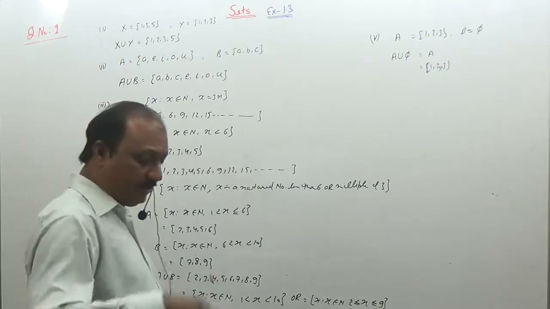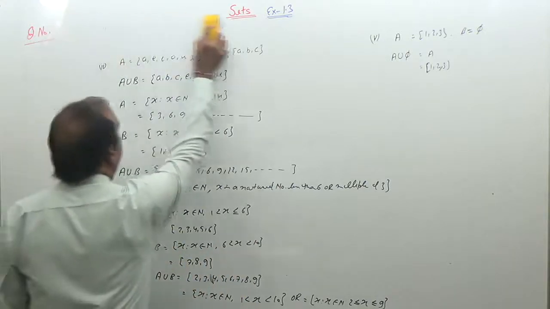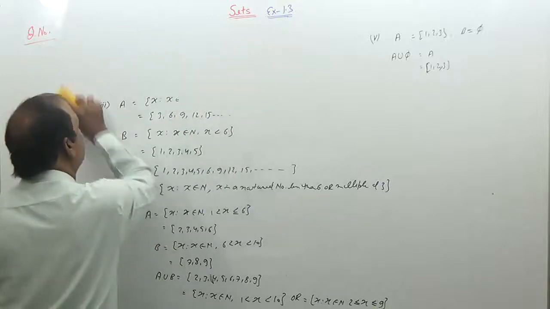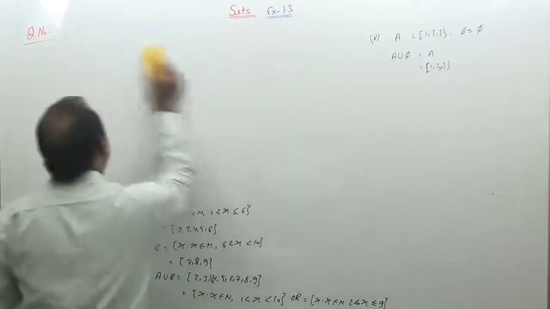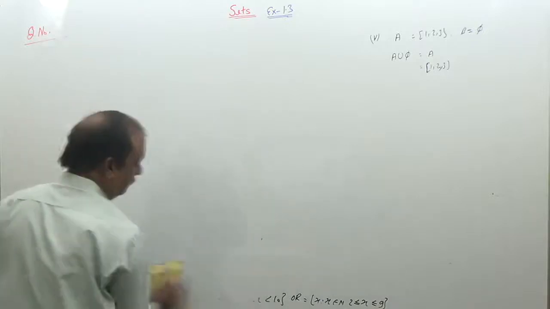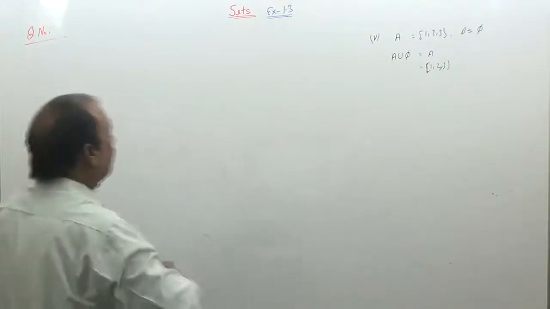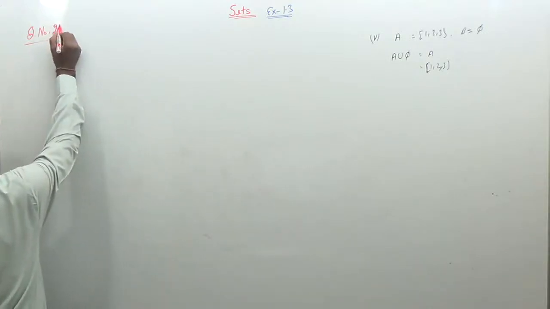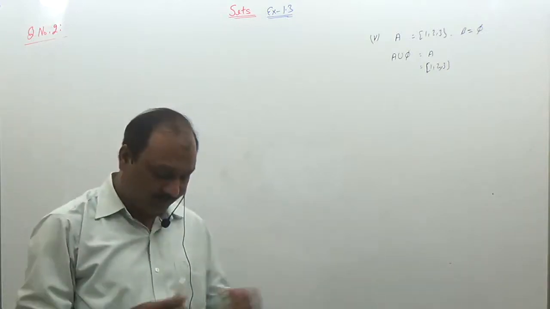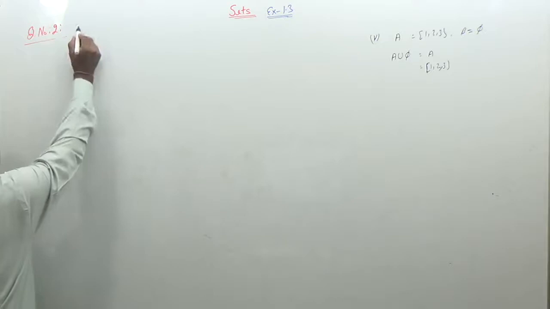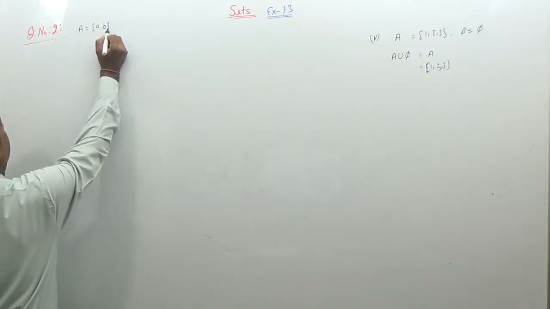Now in continuation we discuss question number 2. Question number 2 is: set A which contains 2 elements, a and b.